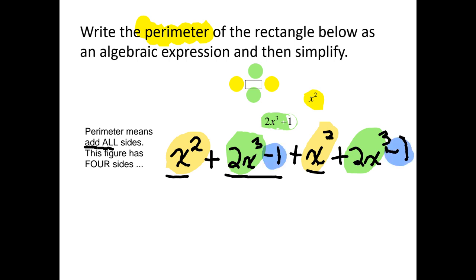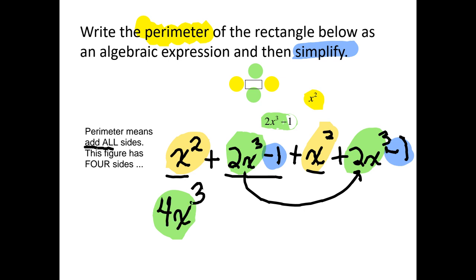Well, to simplify, start with the highest power of x. Well, that means my green ones are going first. 2x cubed and 2x cubed give me 4x cubed, not 4x to the 6th.